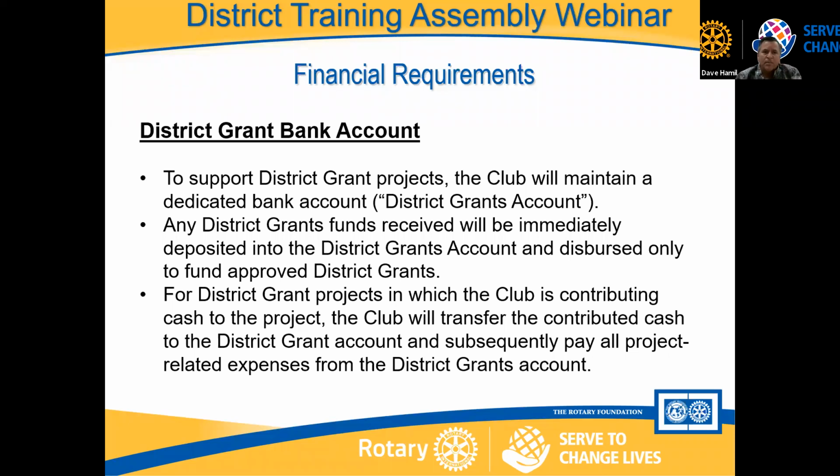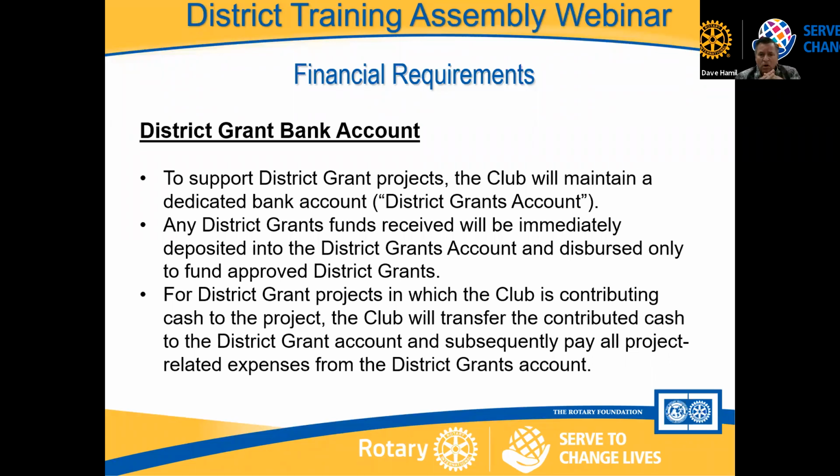Okay, let's talk a little bit about the district bank account, because there are probably some questions out there. What the account does is it manages just the money for the district grant account. So if you don't have one, and I believe most clubs do, you do need to establish a dedicated bank account, preferably calling it the district grants account.